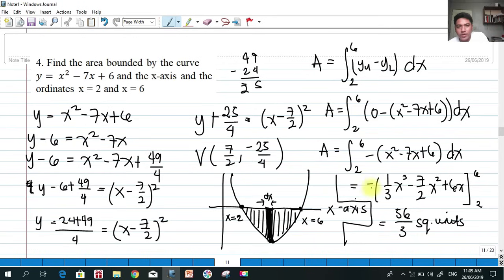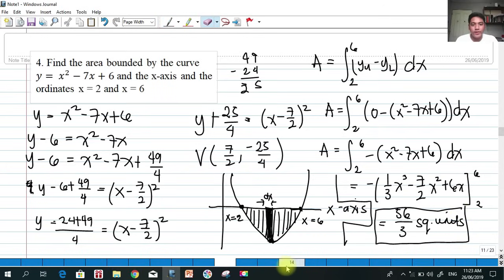Take note that it's okay to have a negative here because that is y upper minus y lower, and the y lower is the parabola.